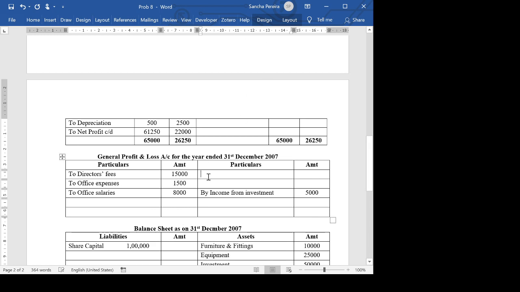By net profit brought down to the general profit and loss account, of A 61,250 and of B 22,000. You can write it outside also. We'll write it outside directly.